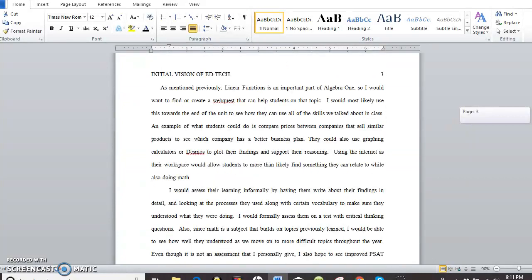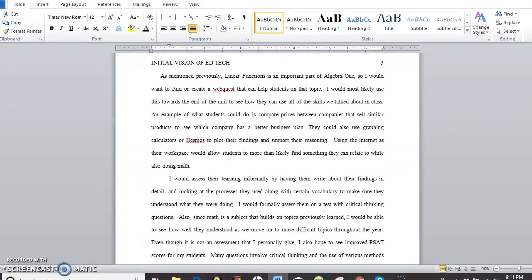For some reason I thought WebQuest had to be used summatively, like an end project to a unit, so I had them maybe compare linear models, maybe using Desmos.